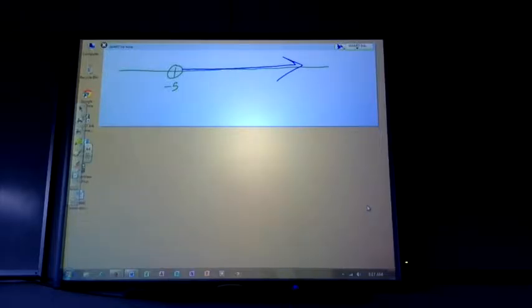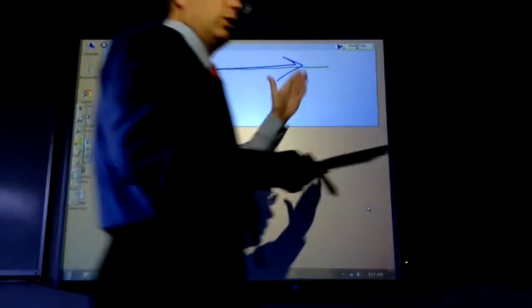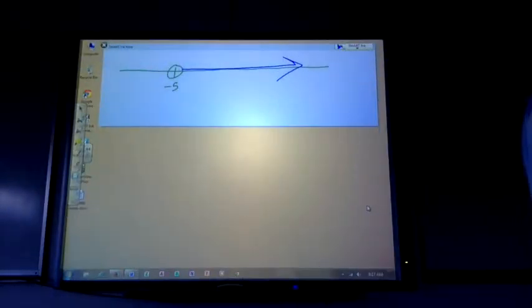So am I looking for values that are bigger than -5 or smaller? Bigger. -4, -3, -2, -1, 0, 1, 2, 3, 4, 5 are all larger numbers than -5. Am I including -5 as part of my answer, or am I talking really close to it but not including it? Yeah, not including it.